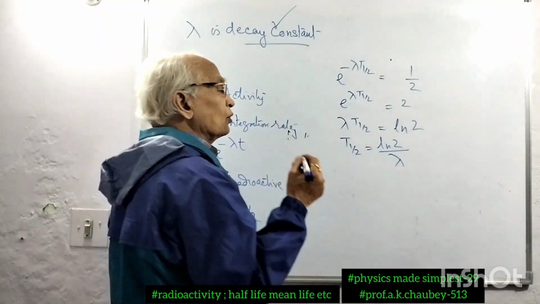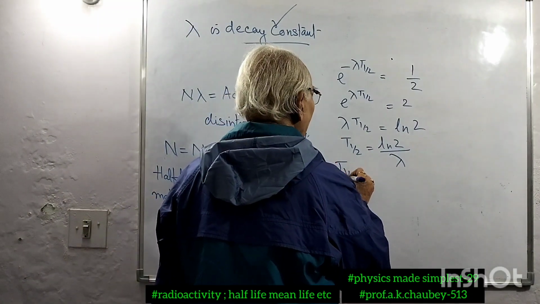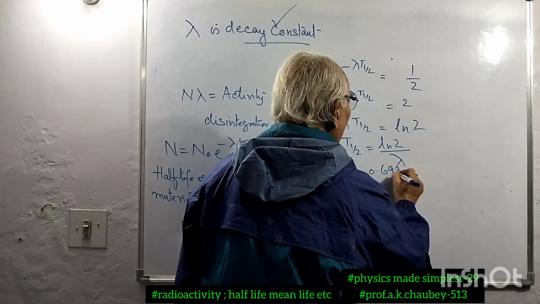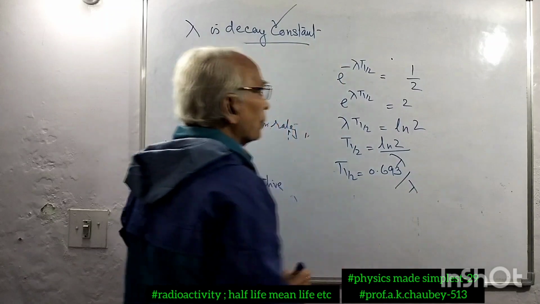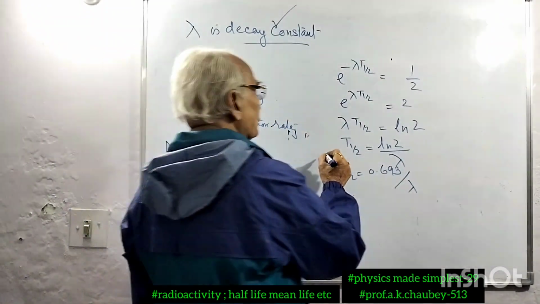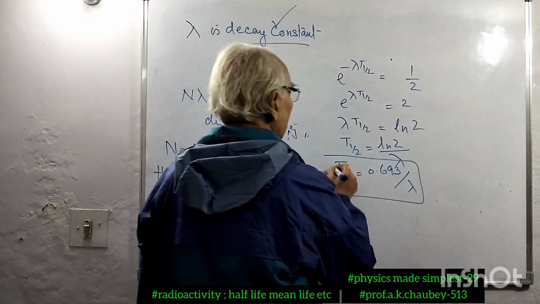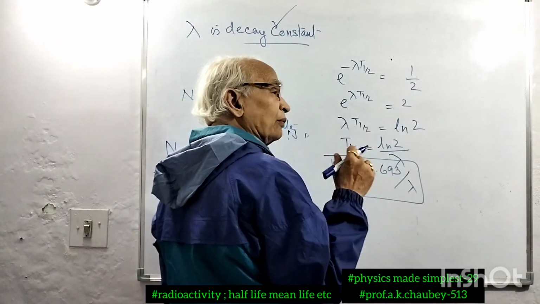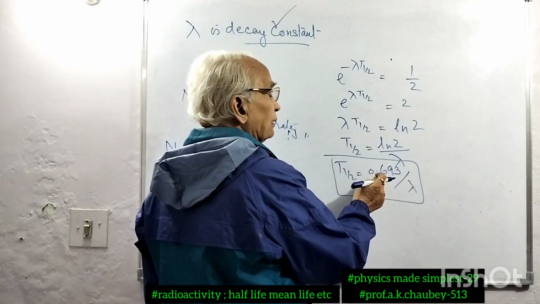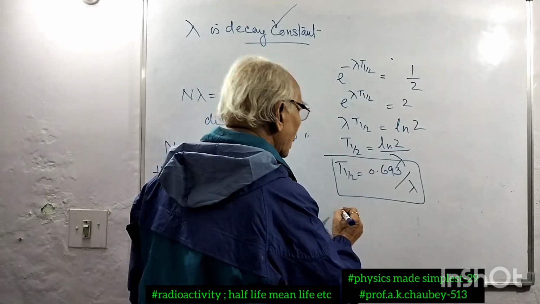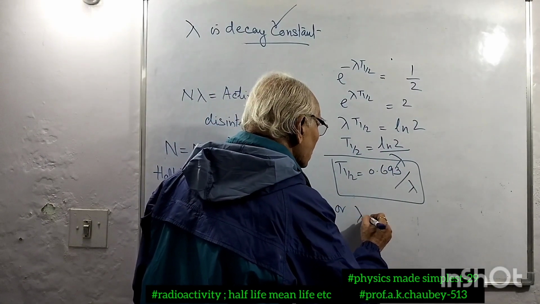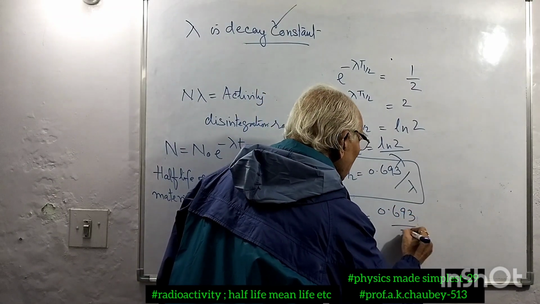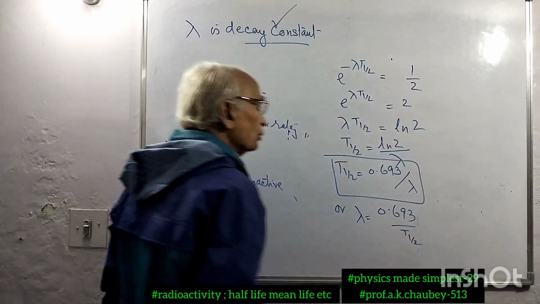Natural log of 2 on the base of e is simply 0.693, so T half is 0.693 divided by lambda. This time is called half-life: the time after which the activity, the number of radioactive nuclei, becomes half, that is 0.693 upon lambda, or lambda is equal to 0.693 upon T half. Both relations.